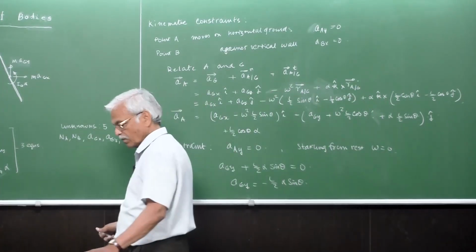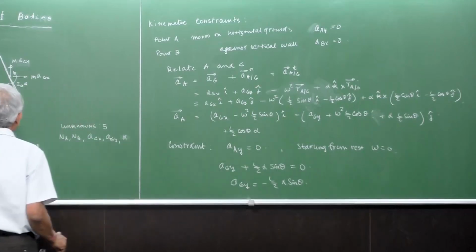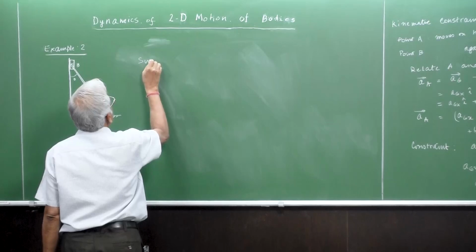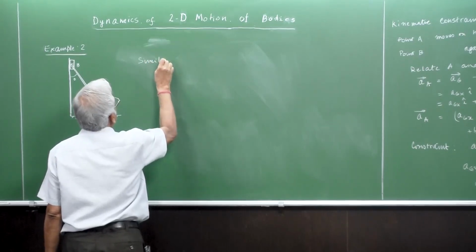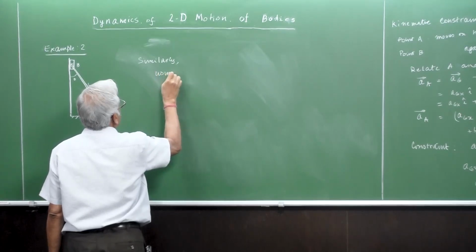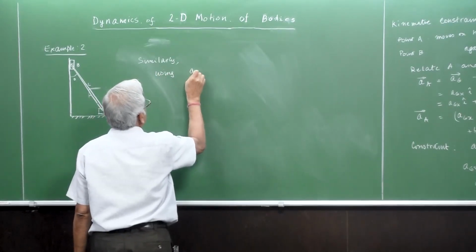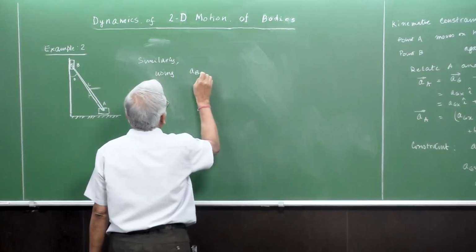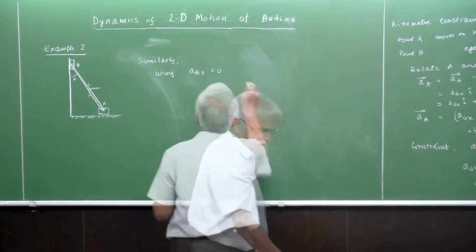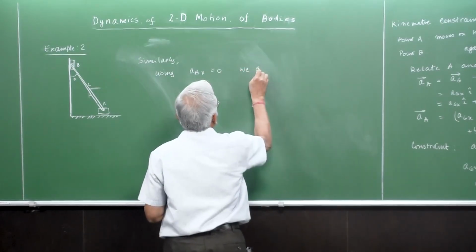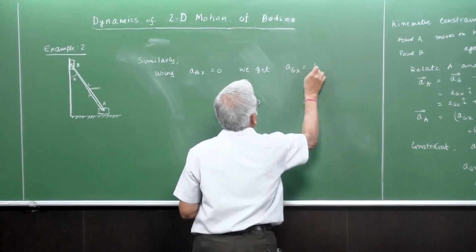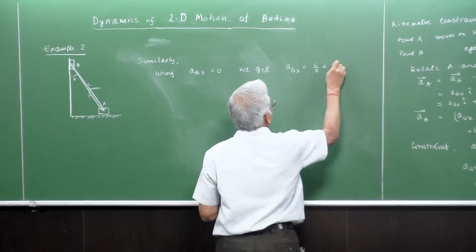So similarly we can also apply, using acceleration of B in the x direction is 0. So we get L by 2 alpha cos theta.